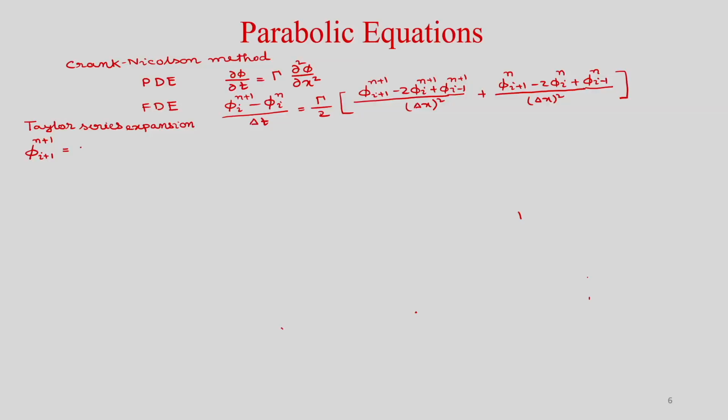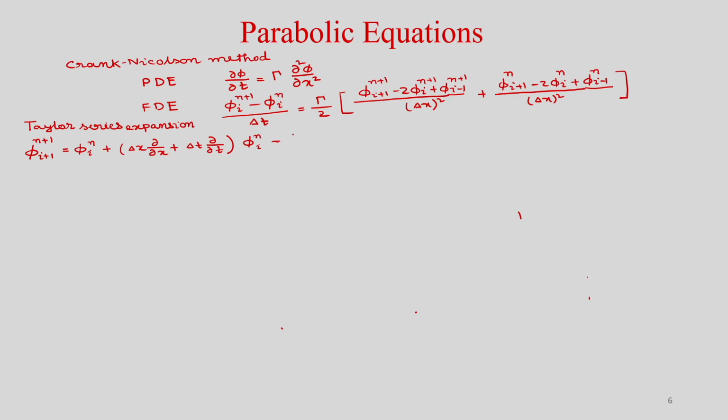So, you will get phi I n, plus delta x del of del x plus delta t del of del t phi, obviously at level I and n.